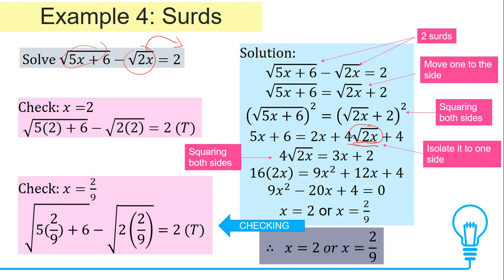So we keep on squaring, until finally the surds all disappear. We use a calculator and get the answer. Always remember, you need to check your answer and verify both are true. So our answer is x equals 2 or x equals 2 over 9.